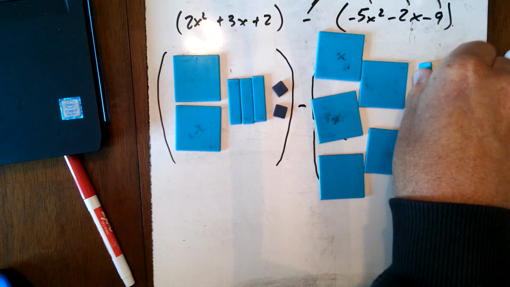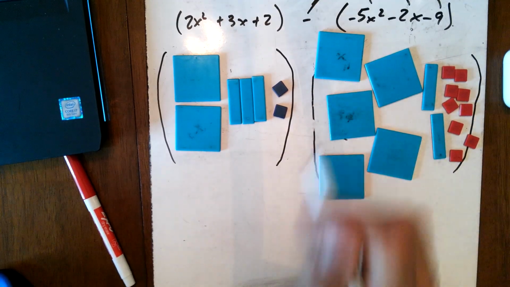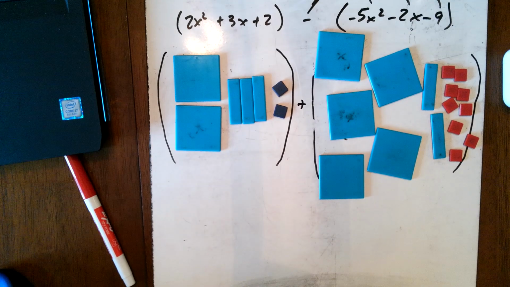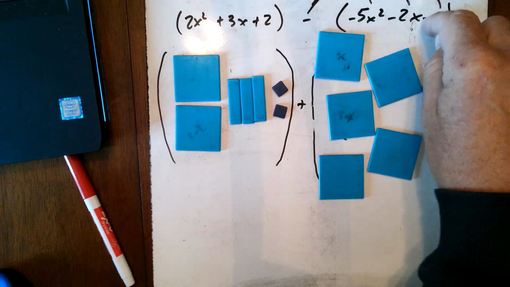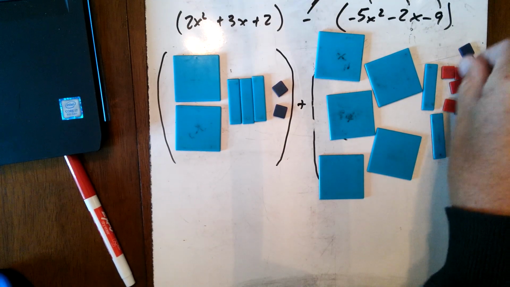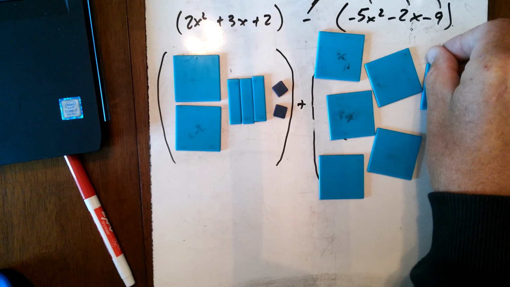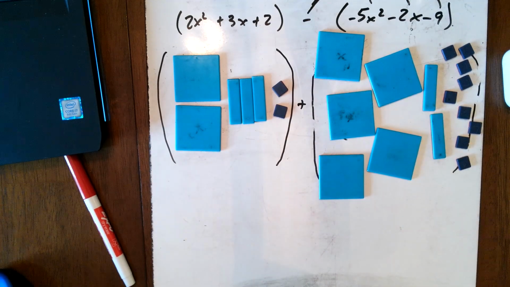That is like adding the opposite, okay? So I'm changing this now to addition, and we're going to add all of that. Now we're going to subtract a negative 9. We're going to flip all of these, and now we're going to add the opposite of a negative 9, which is a positive 9, okay?